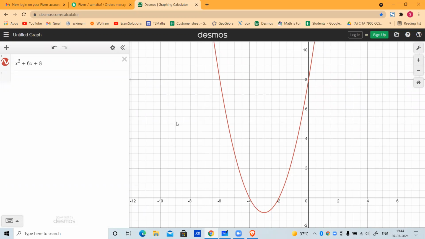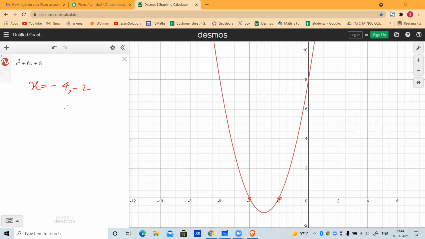Can you tell me where this parabola, where this graph, is cutting the x-axis? -4 and -2. Are those the answers which we got for x? Yes.